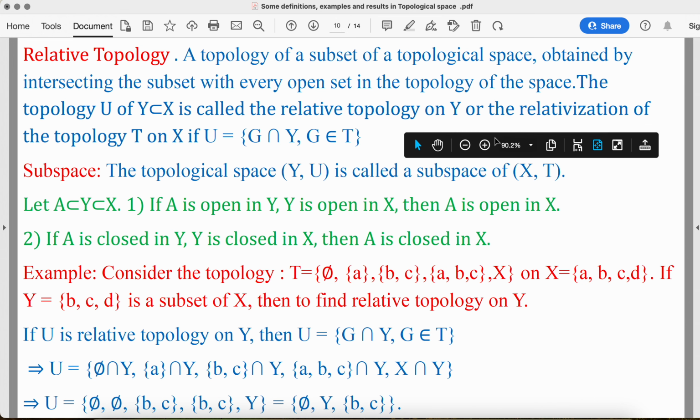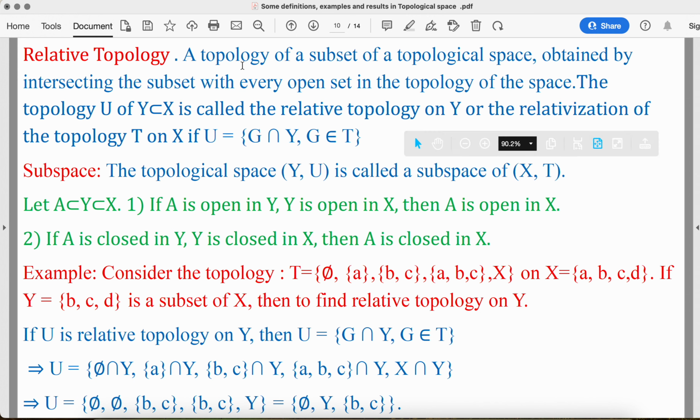Now relative topology. A topology of a subset of a topological space obtained by intersecting the subset with every open set in the topology of the space.